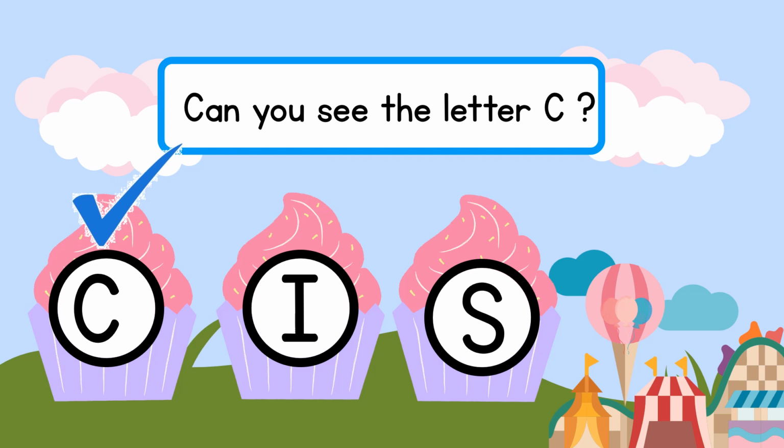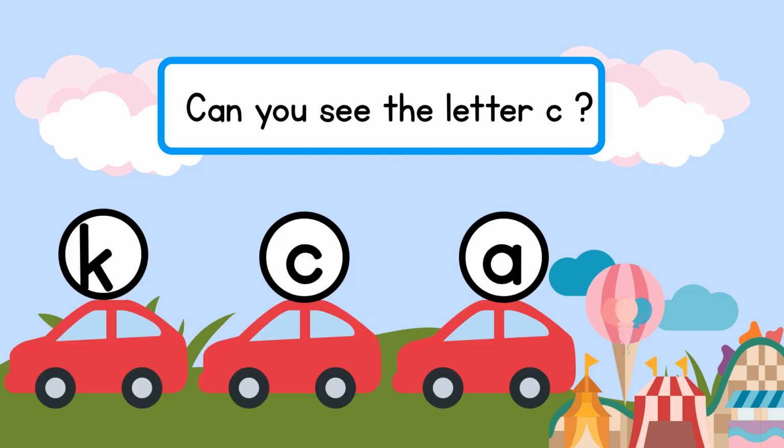This is the letter C. Can you see the small letter C? That's great. This is the small letter C. How about this? Good job. This is the small letter C. That's great. Small letter C.